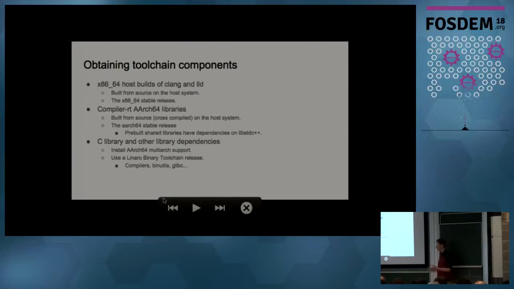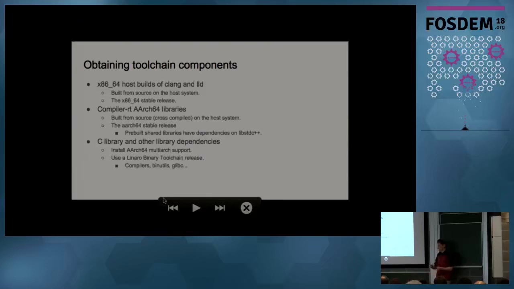Okay, so how do you actually get these components? If you don't want to build everything from scratch, then the simplest way is to download one of the LLVM releases. If you're going to do this with the sanitizers, you have to be careful, because if you download the x86 release, you'll get x86 binaries of Clang that can cross-compile to AArch64, but the sanitizer libraries will be x86 sanitizer libraries, and you won't be able to run those on an AArch64 target.